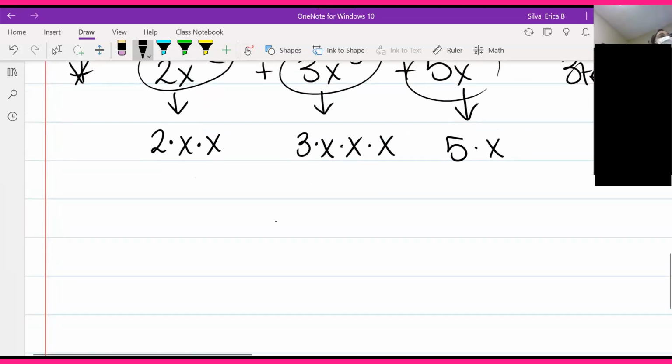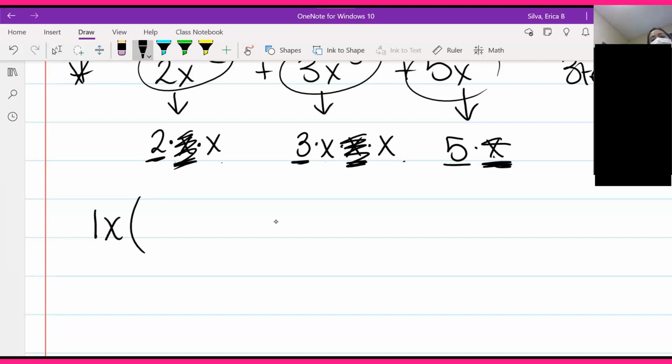To get the greatest common factor, we first look at the numbers, and the biggest GCF here is 1. Then we look here. This one has 2, this one has 3, this one has 1, but they all have at least one x in common. Right? So now, what we end up with, if we cross off this x and this x and this x, whatever's left over is what's inside the parentheses.